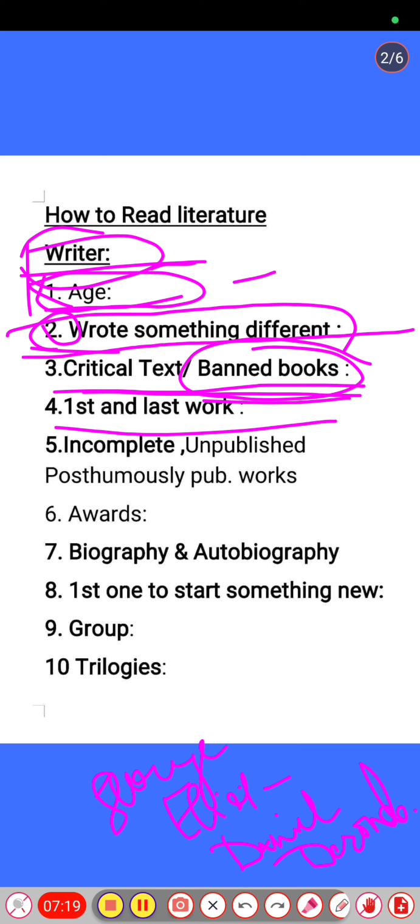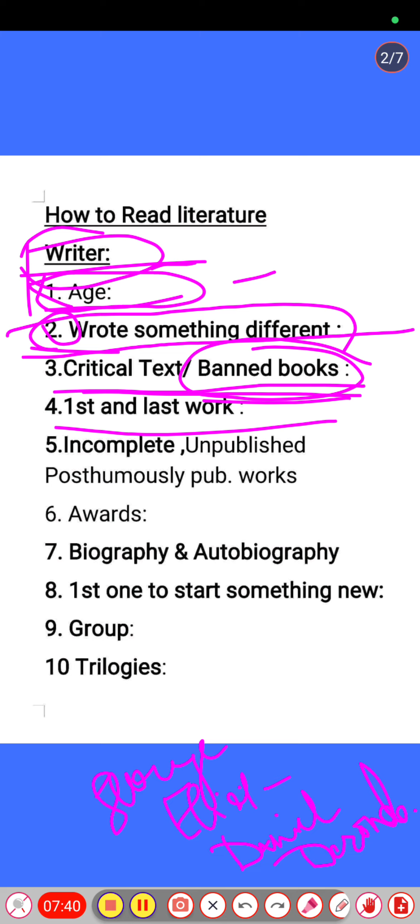Just like we all have read R.K. Narayan, we know that he has written Swami and Friends and some other novels. But do you know that when he started his career, Swami and Friends was not the first work that he wrote? So what was that?